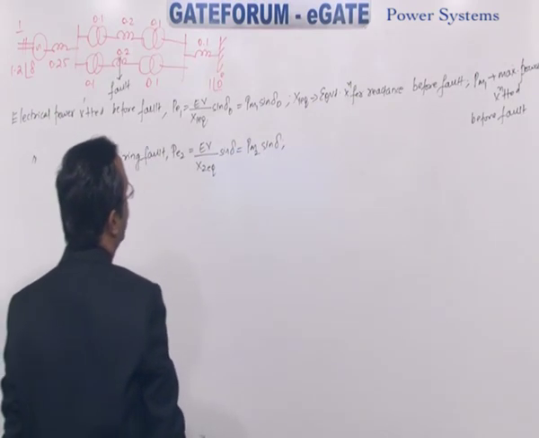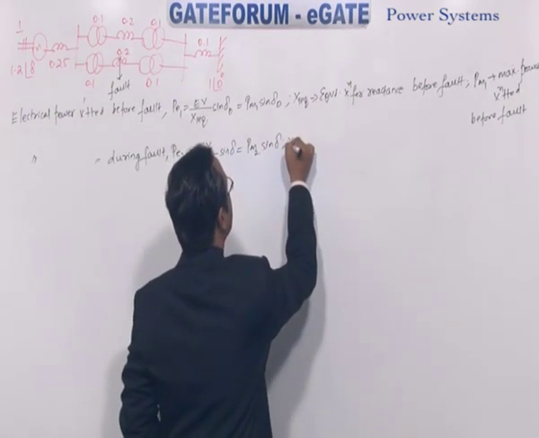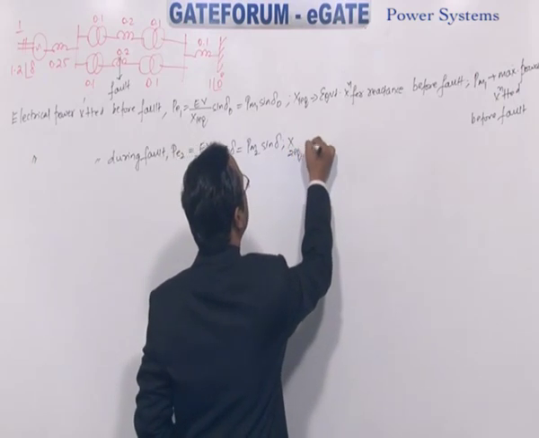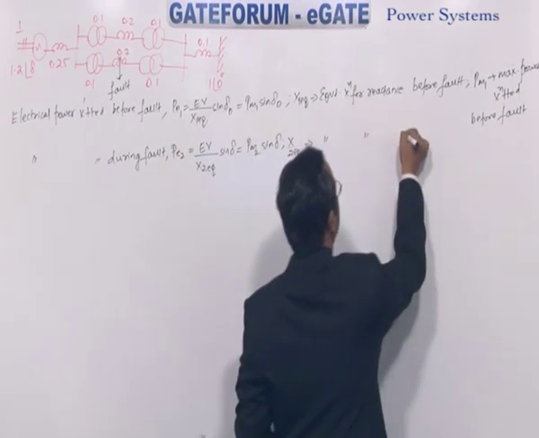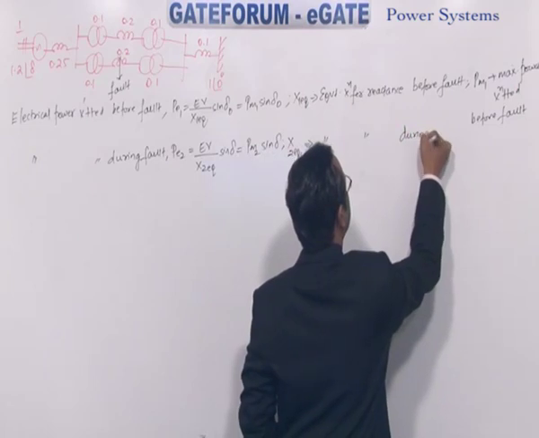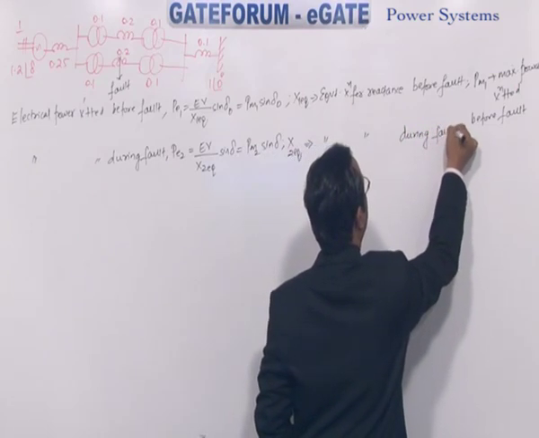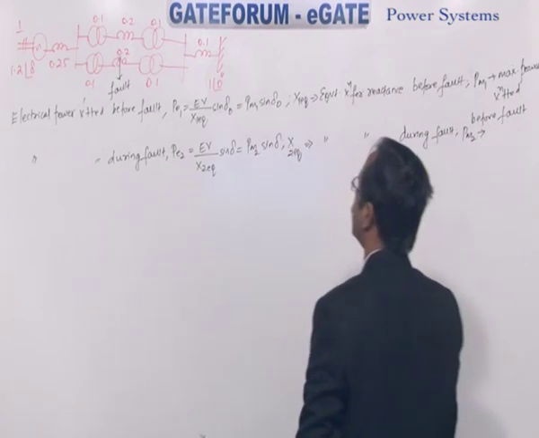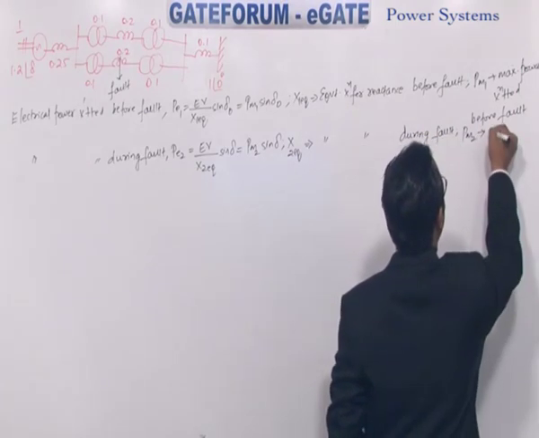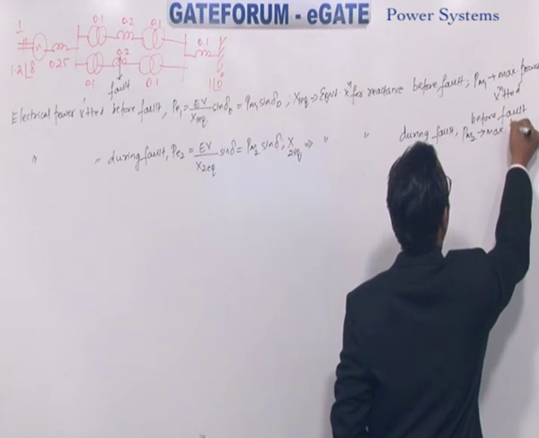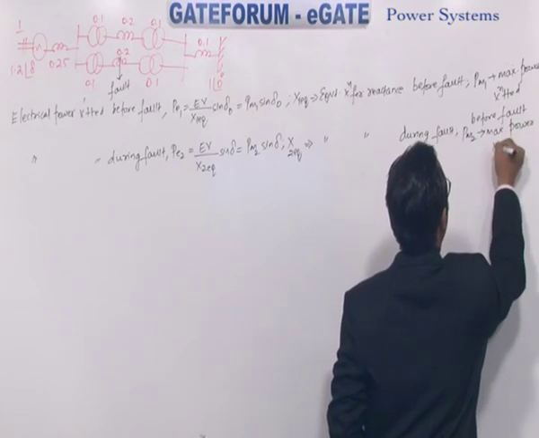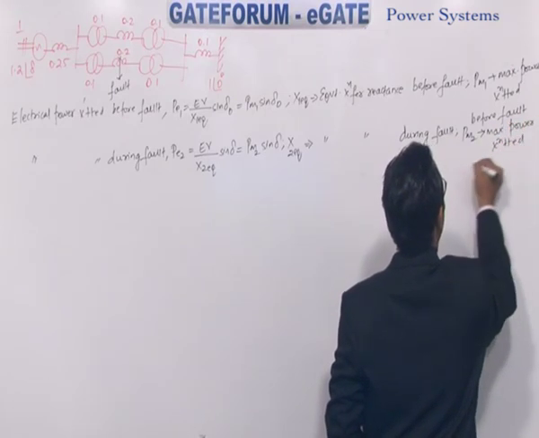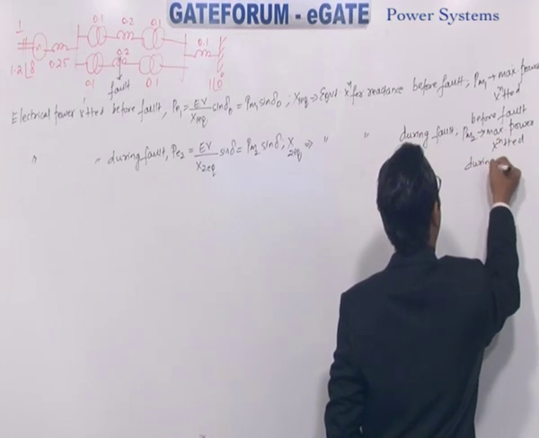And X2 equivalent is the equivalent transfer reactance during fault. And PM2 is the maximum power transmitted during fault.